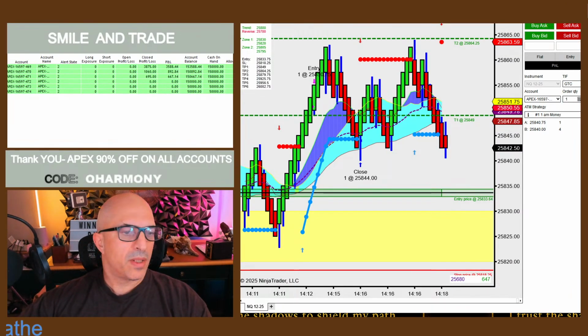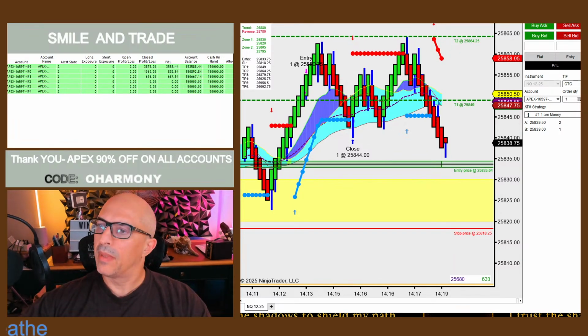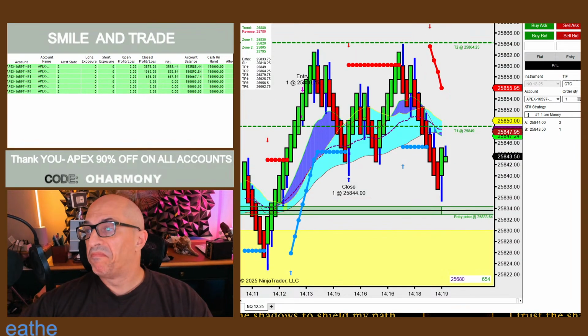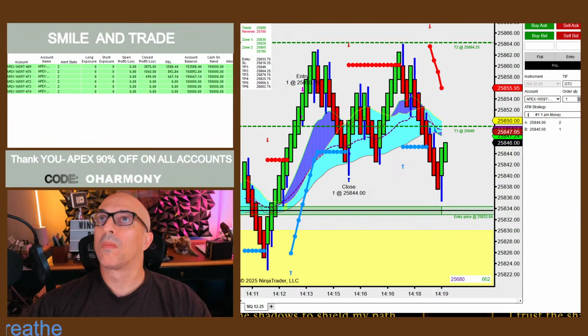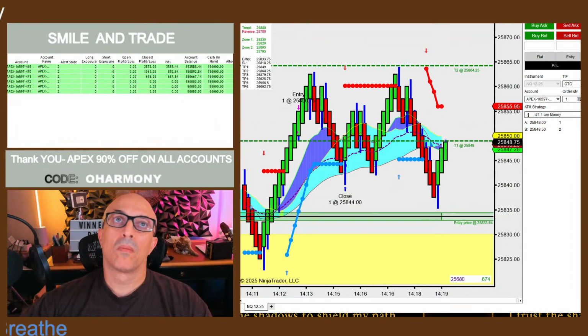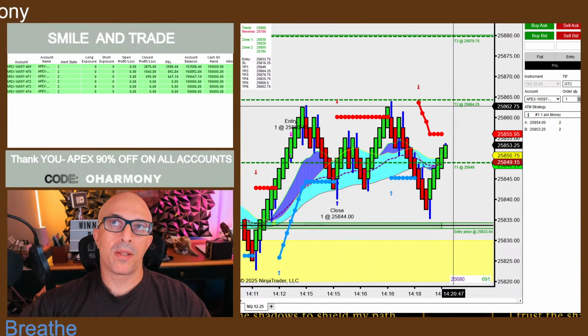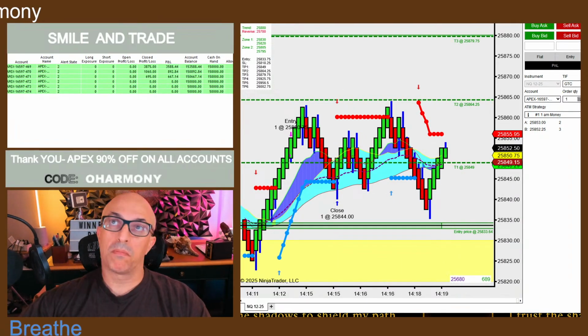I mean, there is a distribution level here at 30. Okay, so 33. So they took out the stops and they bottomed back up. That's positive.